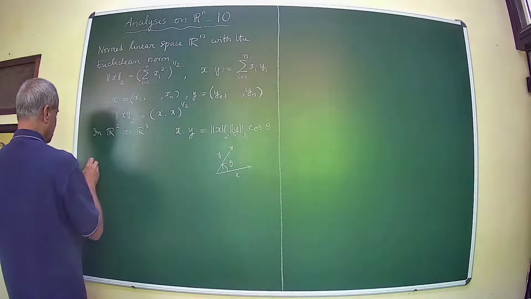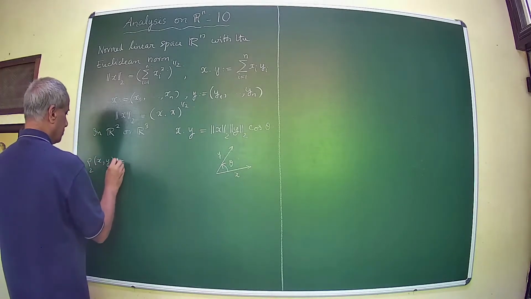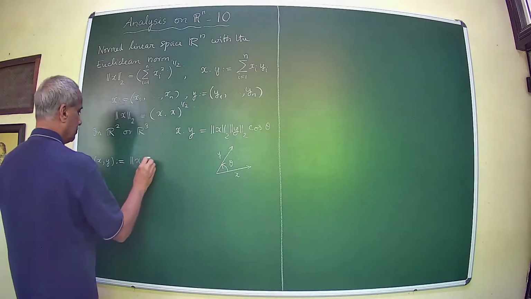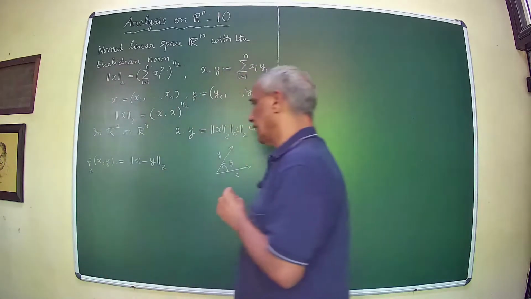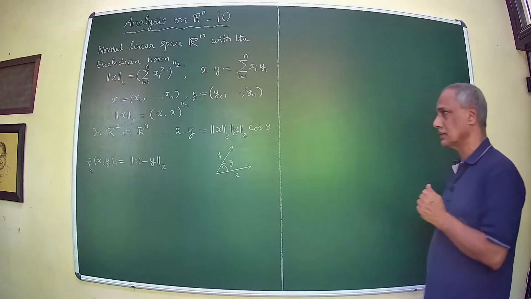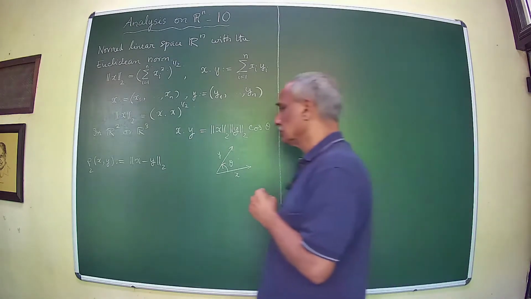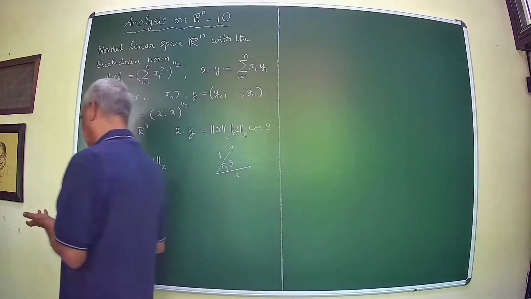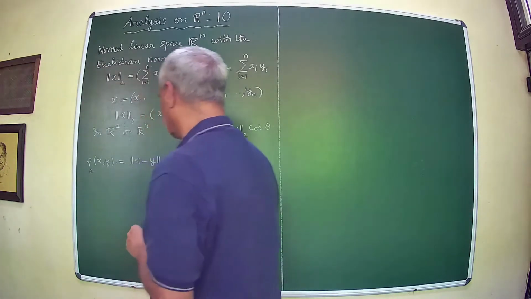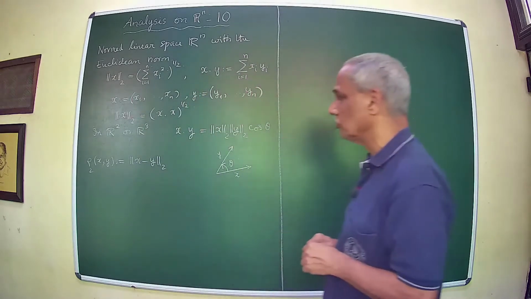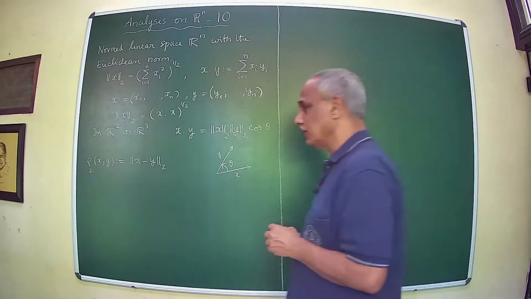rho 2 of xy. One thing that you should observe is that because we are in a linear space, x minus y is well defined, and it's a vector in Rn, and therefore its norm 2 is well defined, and that norm 2 is defined as rho 2 of xy.